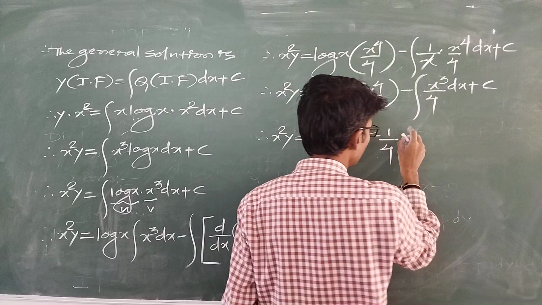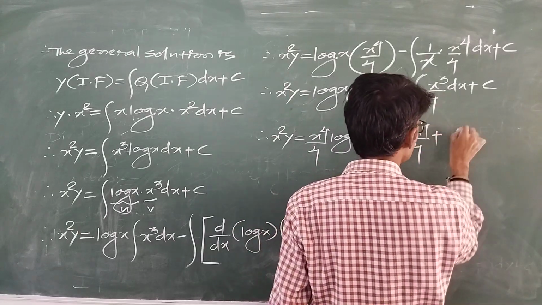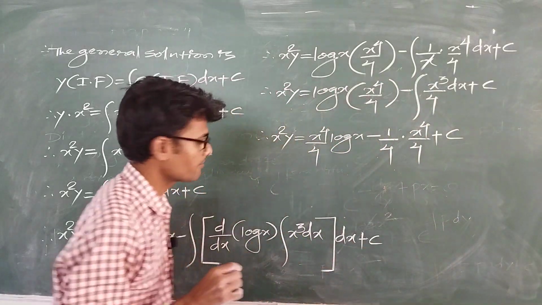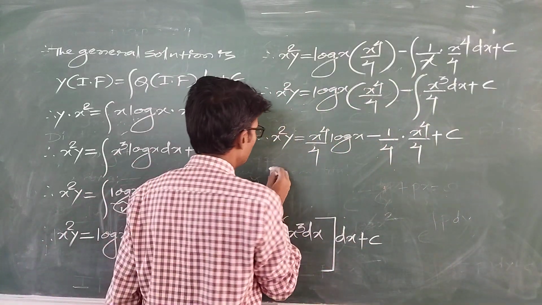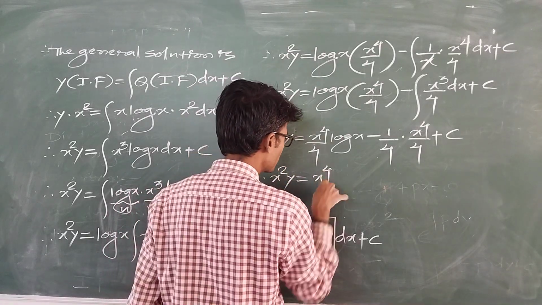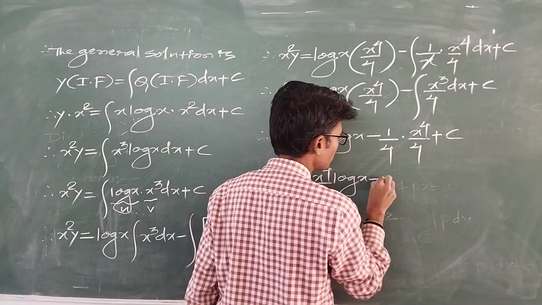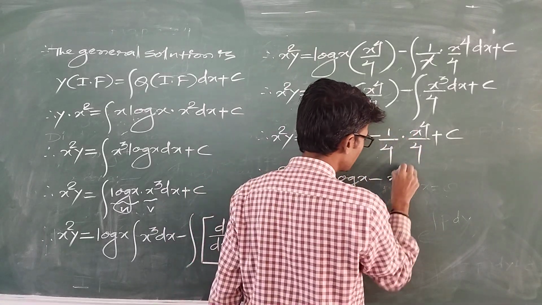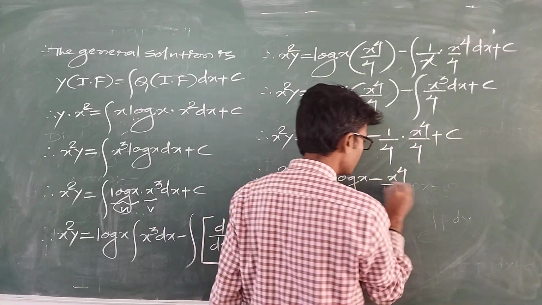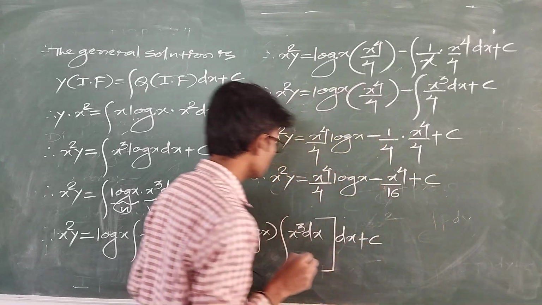The integration of x cube is x raised to 4 divided by 4, plus the integrating constant c. So therefore x square y is equal to x raised to 4 divided by 4 into log x minus x raised to 4 over 16, plus c.